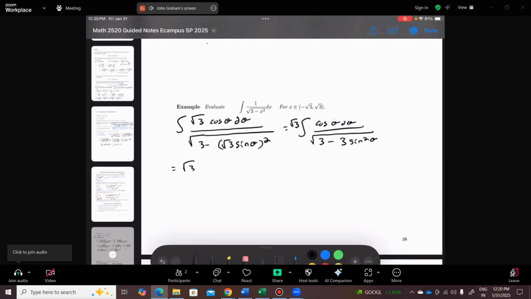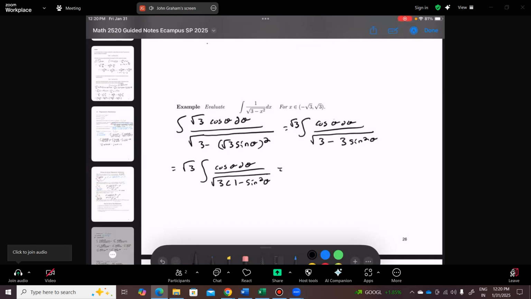So square root of 3 out front. Cosine theta d theta on the top. Here I can factor out 3. Okay. Now I don't need the 3 to be a perfect square. I can still break this apart.